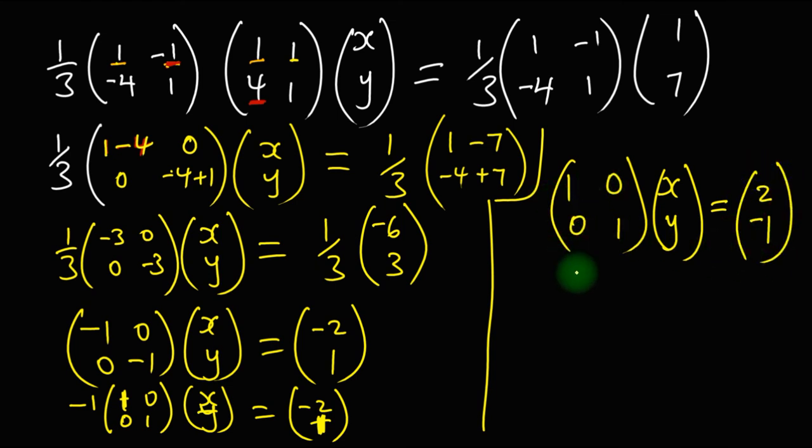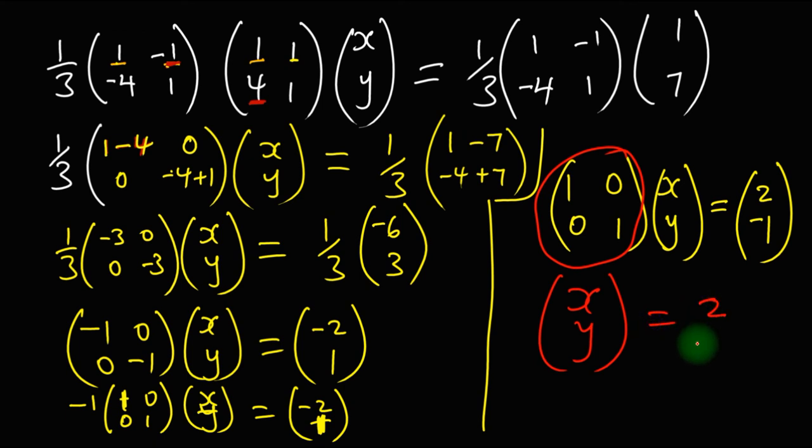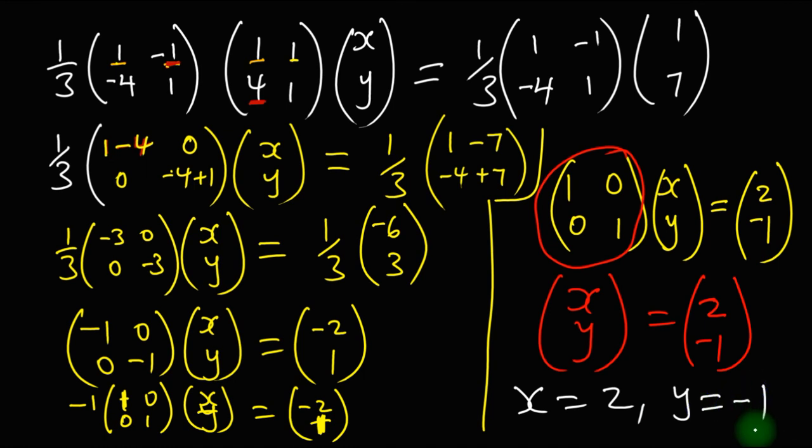But this is already an identity matrix, so it is equivalent to 1. So xy will be equal to 2, -1. Therefore, x will be 2 and y will be -1. So that's how we go about it.